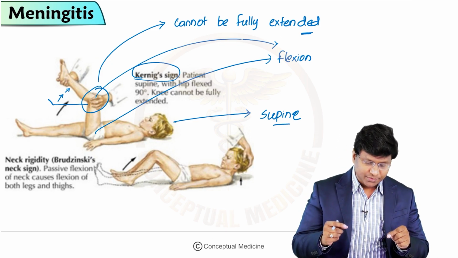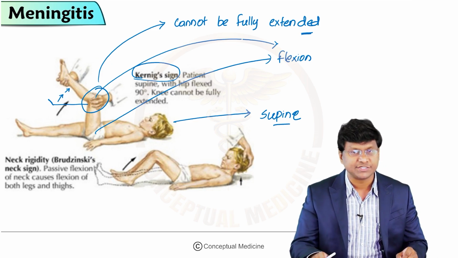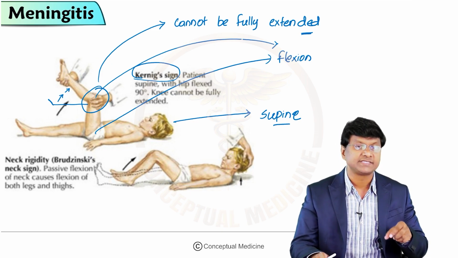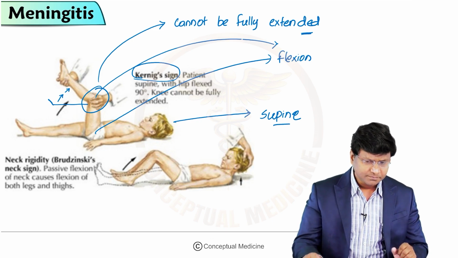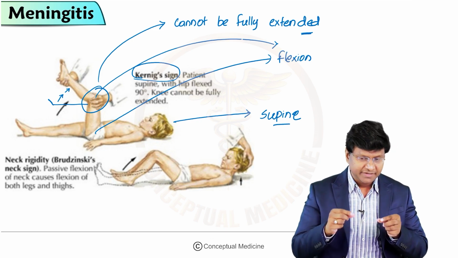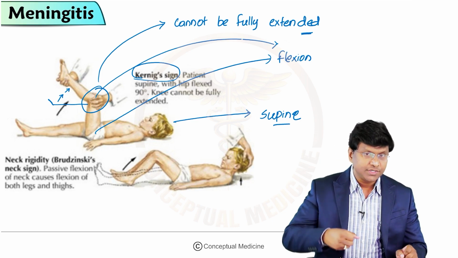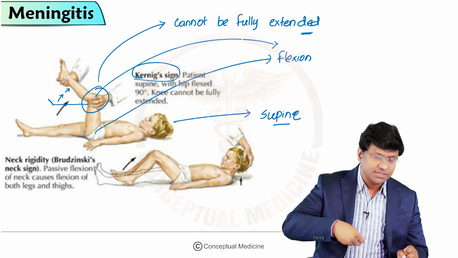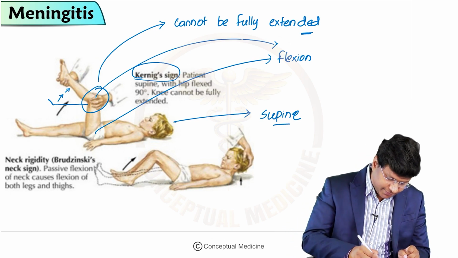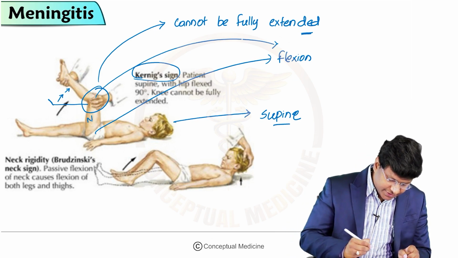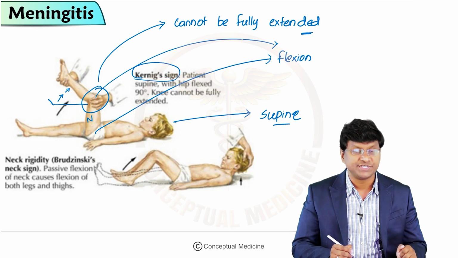See, whenever you want to do the complete extension of the knee, let me tell you what will happen. You are trying to pull the sciatic nerve. Actually, what is the nerve in the posterior compartment? The nerve that you have in the posterior compartment is the sciatic nerve.